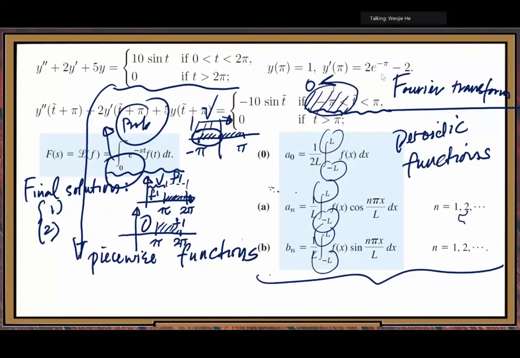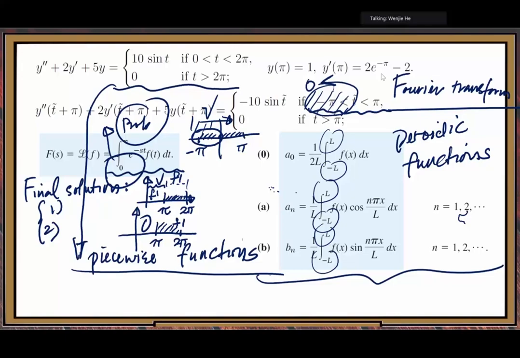The Laplace transform is a perfect tool for piecewise functions. One of the reasons people use the Laplace transform to solve ODEs is that it can handle piecewise functions quite well. That's the strong point of the Laplace transform.